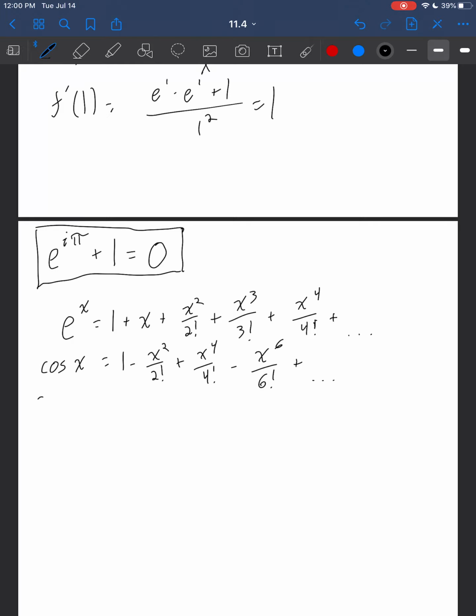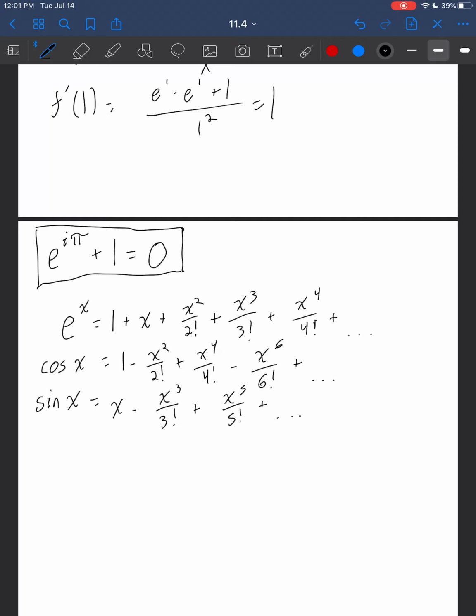And also we have sine of x is going to be equal to x minus x cubed over 3 factorial plus x to the 5th over 5 factorial, and so on and so forth.